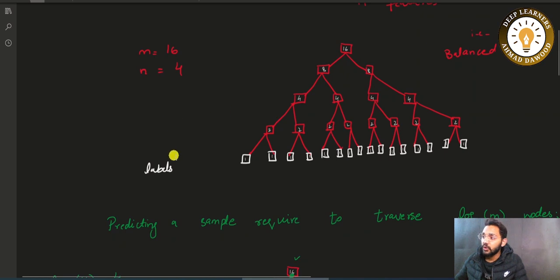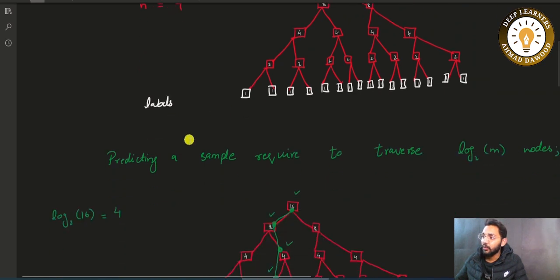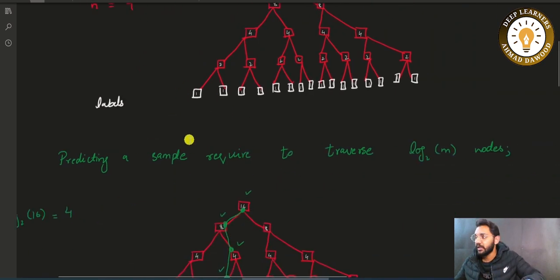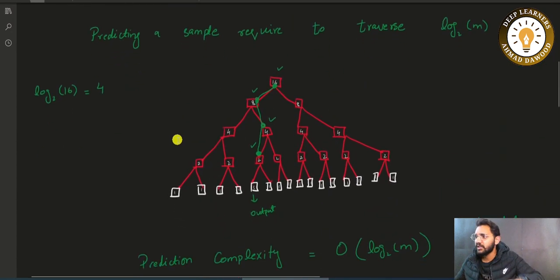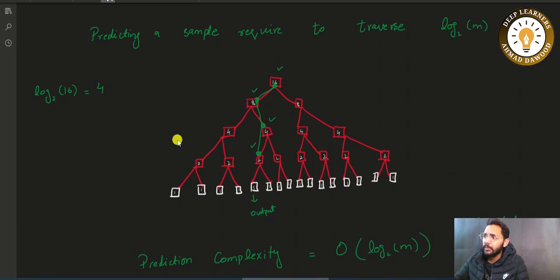Okay. So predicting a sample requires traversing log of m nodes. What actually does it mean? It means that whenever a new data point reaches that decision tree, it will check from the very start. It will check one value of that incoming data point at that particular node as a rule.